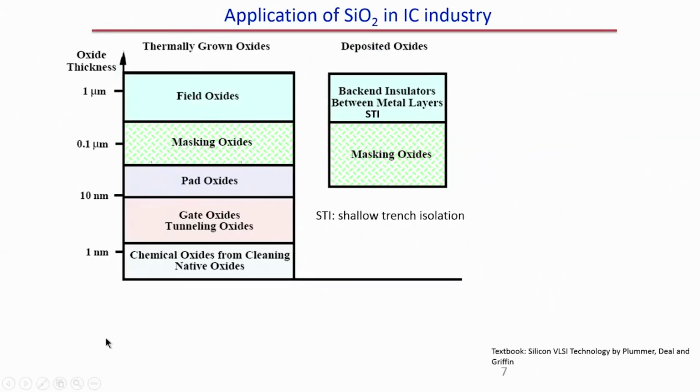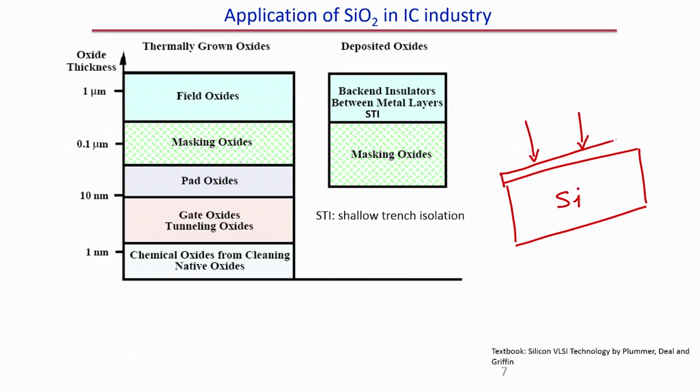Now, once you have the silicon wafer, what is the next step? If this is silicon and I start depositing a material on this silicon wafer, let us say I deposit a metal, then what happens?